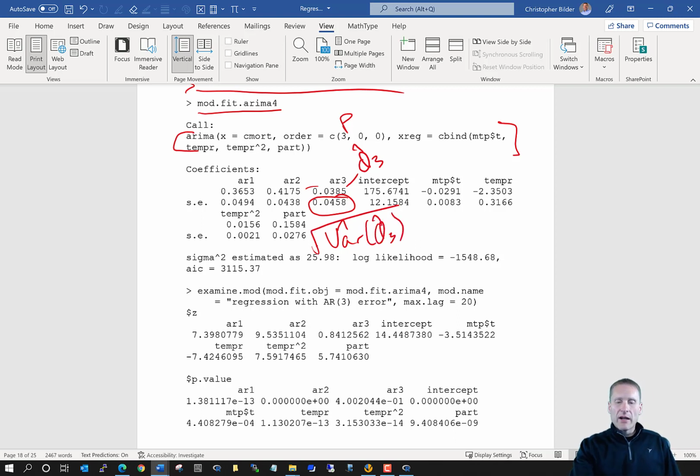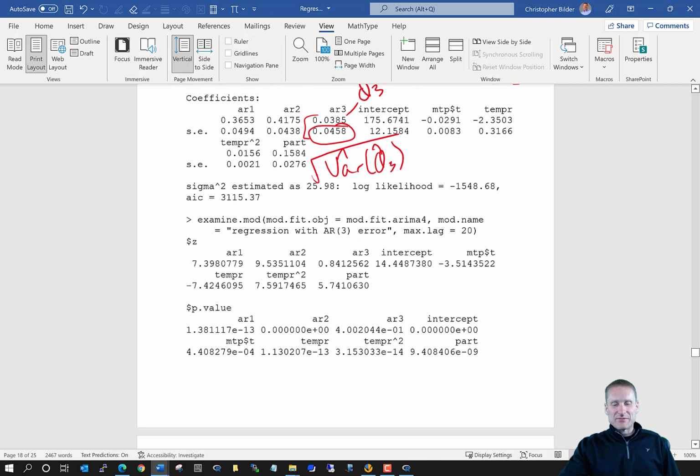If I were to take the ratio of these two things, we would know that the ratio would be between 0 and 1. Therefore, the p-value will be large. There is not sufficient evidence to indicate that the phi3 parameter is significantly different from 0.